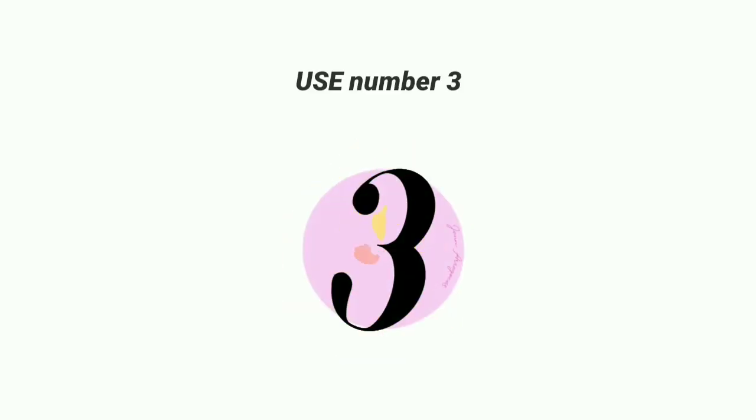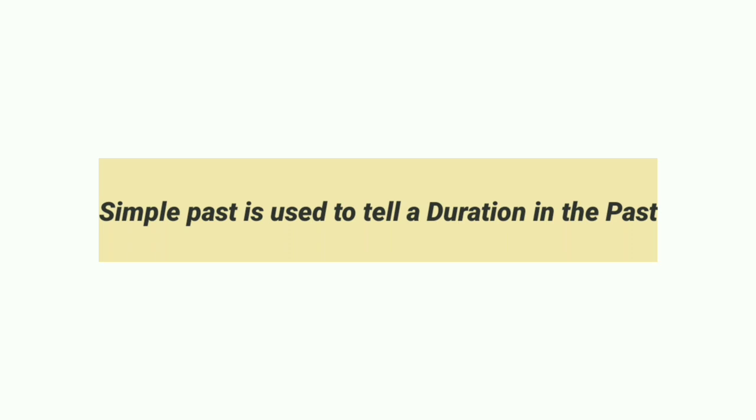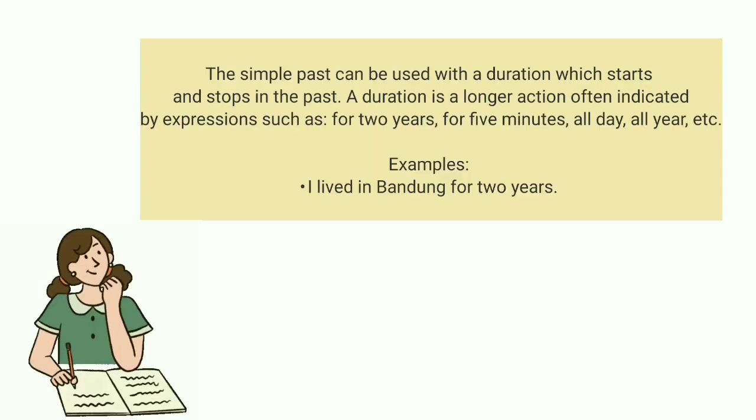Use number 3. The simple past is used to tell a duration in the past. The simple past can be used with a duration which starts and stops in the past. A duration is a longer action, often indicated by expressions such as for 2 years, for 5 minutes, all day, or all year, and so on. For example, I lived in Bandung for 2 years.